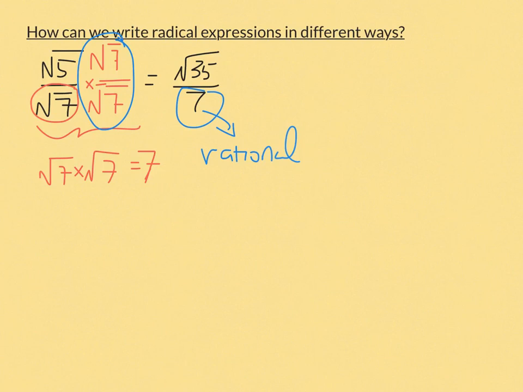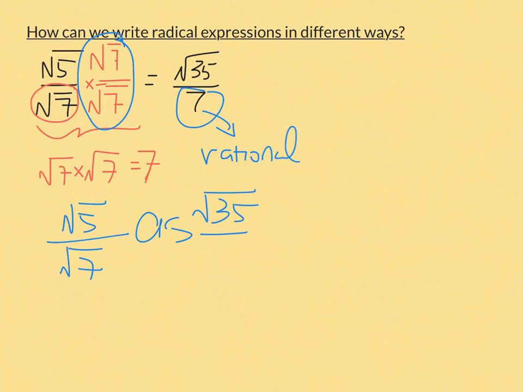So this process of expressing square root of 5 over square root of 7 as square root of 35 divided by 7 is called rationalizing the denominator. As you can see, it is easier to name the decimal value of square root 35 over 7 than of square root 5 over square root 7. Of course, with the calculator, it may not matter.